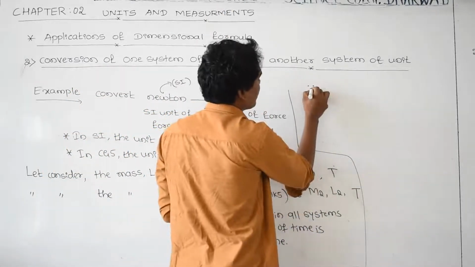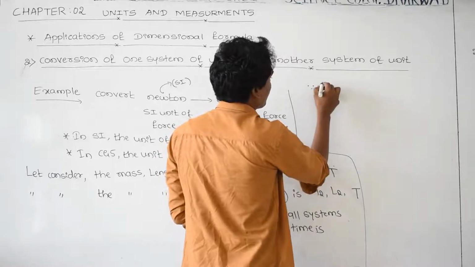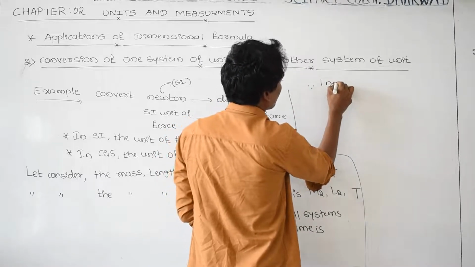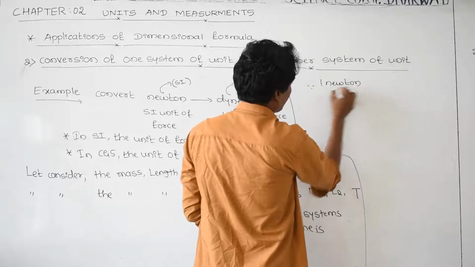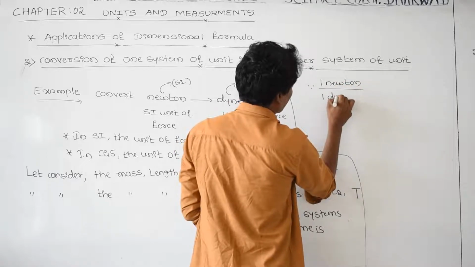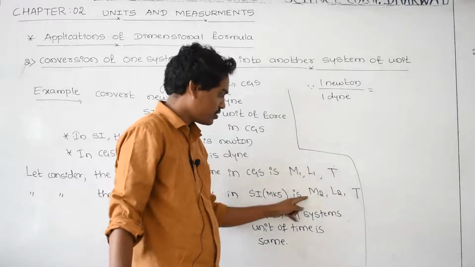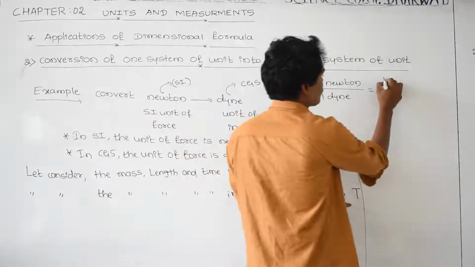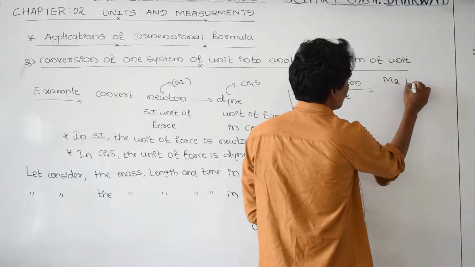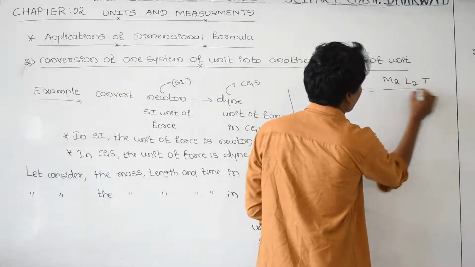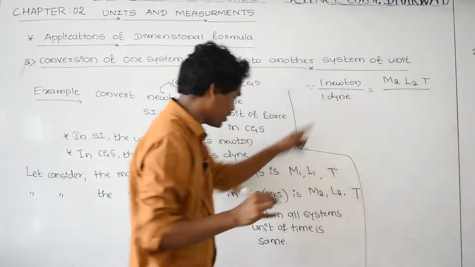Therefore here I am taking 1 Newton divided by 1 dyne. This is equal to M2 L2 T, for 1 Newton, divided by M1 L1 T for 1 dyne, which is in CGS.